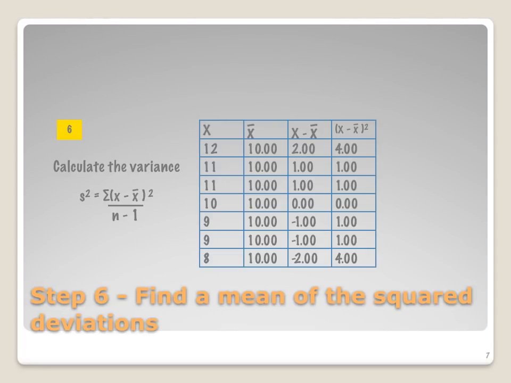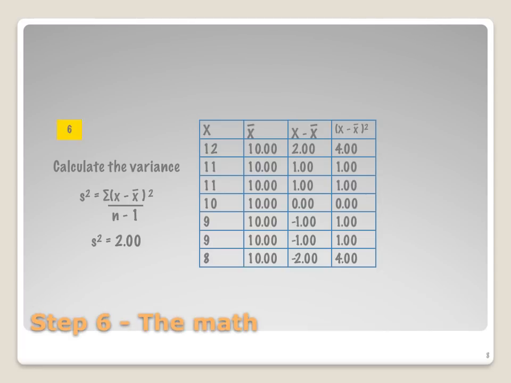Go ahead and pause the podcast and figure out that number. So if you did the calculation correctly, you should come up with a variance of 2.00. Again, it's a calculation, so we need to remember the 2 decimal places.